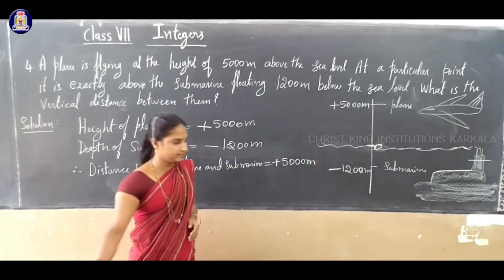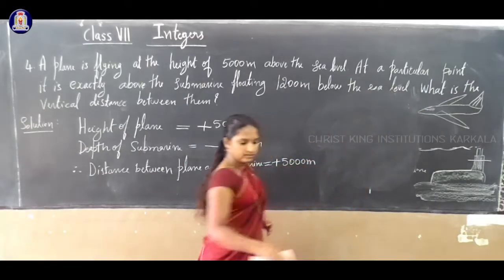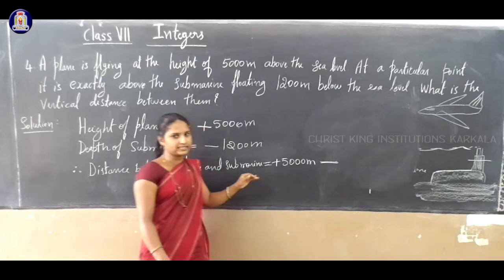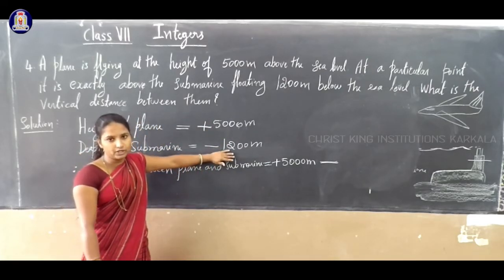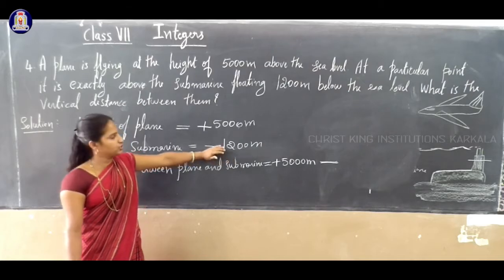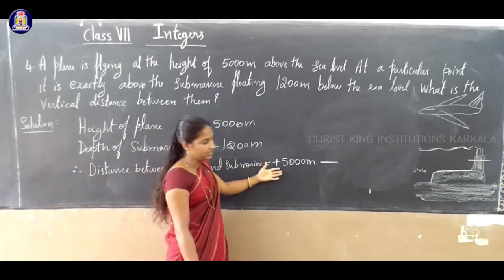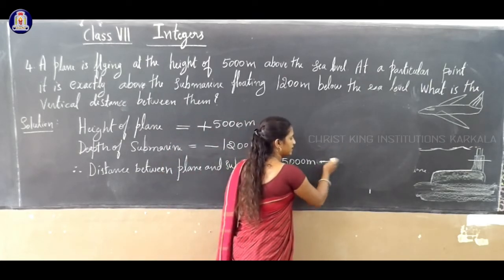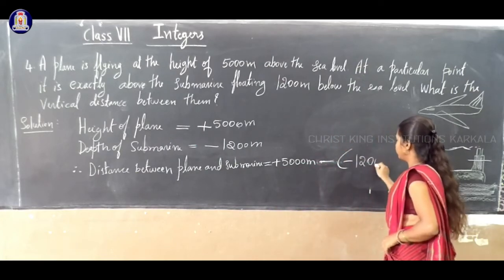Next, we have to find the distance, right? So we write a minus. You have to subtract. The distance between the plane and the submarine is plus 5000 meter minus of minus 1200 meter.